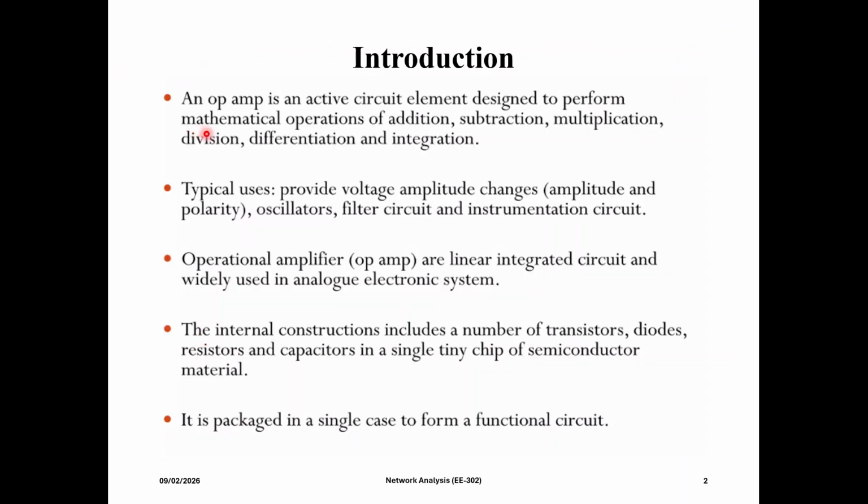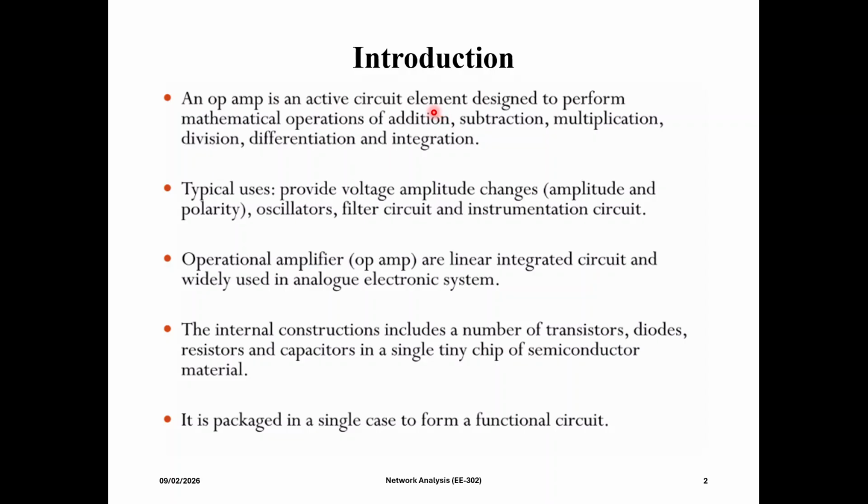Okay, so let's start our lecture of operational amplifier with a clear introduction to what they are and why they matter. So here is the core definition: an operational amplifier is an active circuit element designed to perform mathematical operations. You all students are familiar with active circuit elements and passive circuit elements, right?